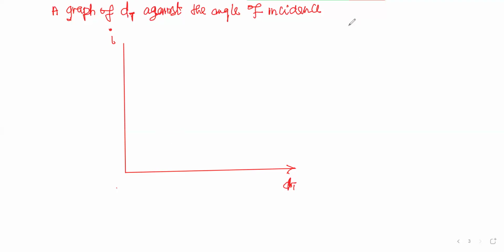When angle of incidence is 0, we have the maximum deviation within the prism.